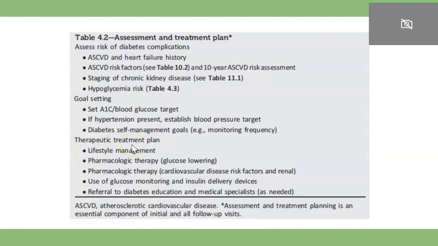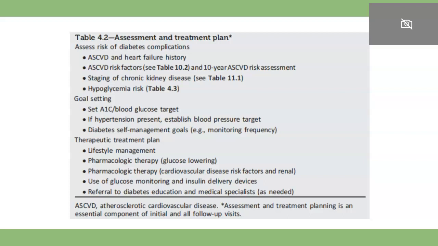Okay, so this gives you an assessment and treatment plan. These are just taken from the guidelines. So you need to assess the risk of diabetes complications. You need to set the goal with the patient, and then you have a treatment plan with the patient. And I'm going to go over all of these more in detail in the different sections. But just so you know, we talked about diagnosing, we talked about doing the medical evaluation, which means your physical exam and getting your family history.